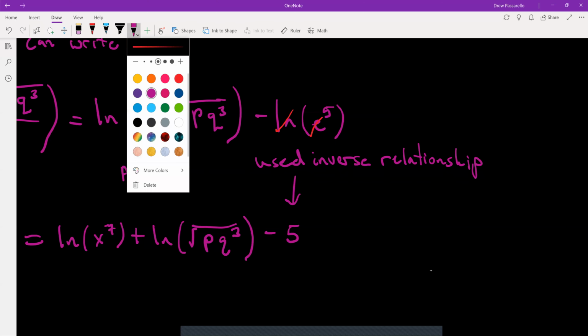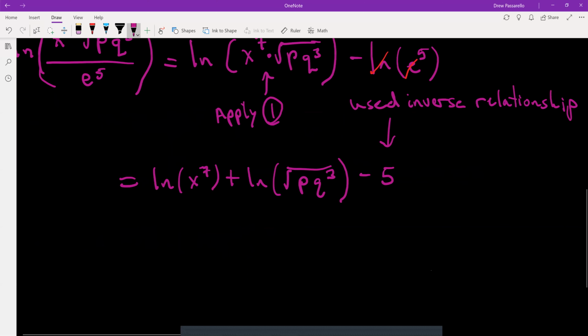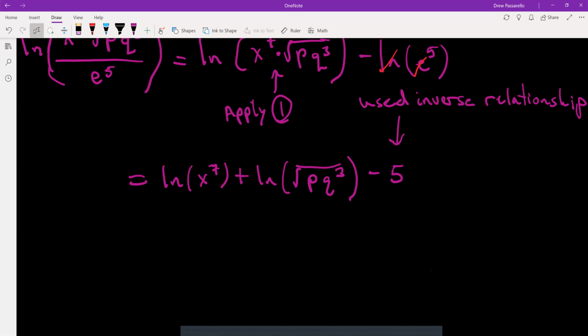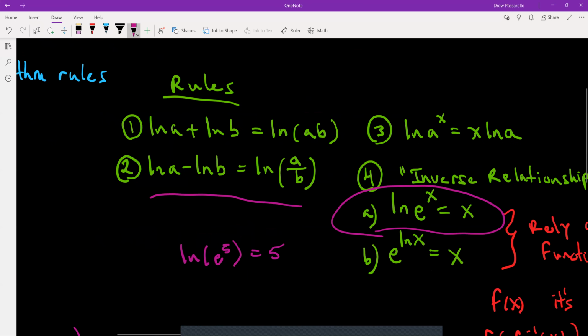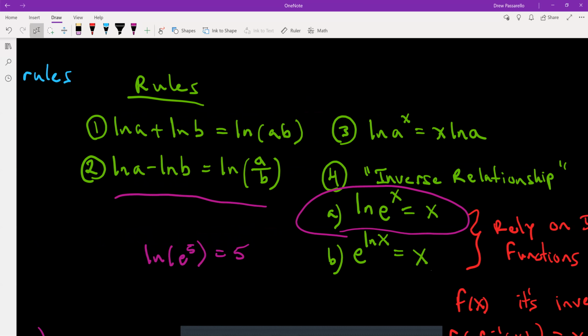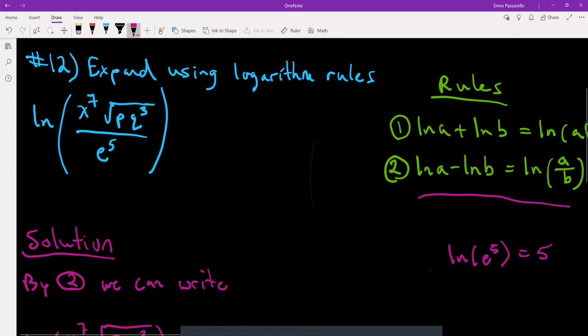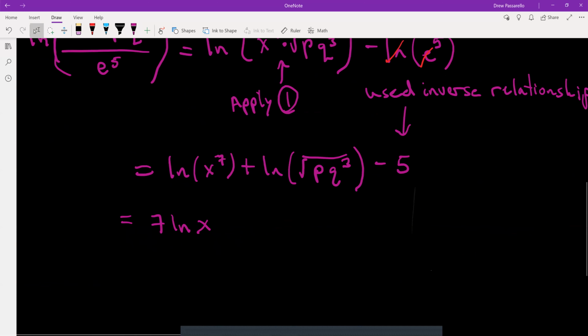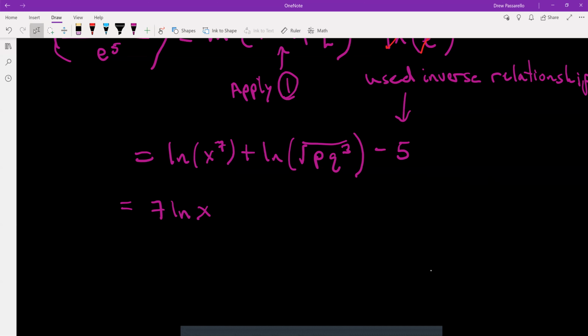All right, so now what I'm going to do here is x to the 7. So I have an exponent, and you can write the exponent in front of the natural log. So it'll be 7 times natural log of x. And that is using rule number 3, using this one. All right, so this is by rule 3.